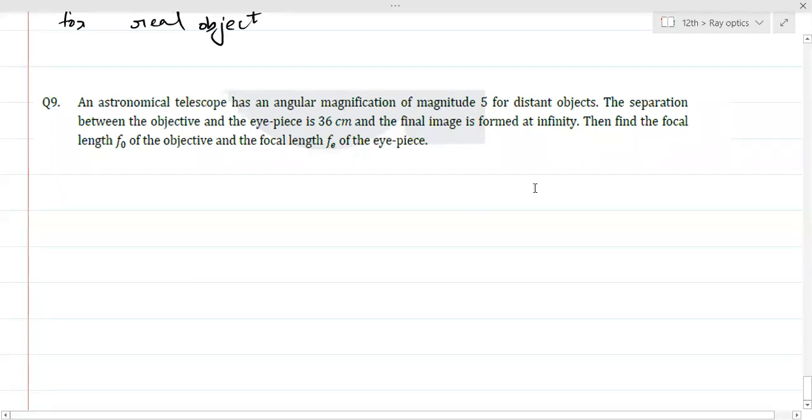Astronomical मतलब normal telescope, okay? Normal telescope. Astronomical will mean the normal telescope. जो हमने डिस्कस किया, सबसे स्टार्टिंग में जो डिस्कस किया वही होगा.